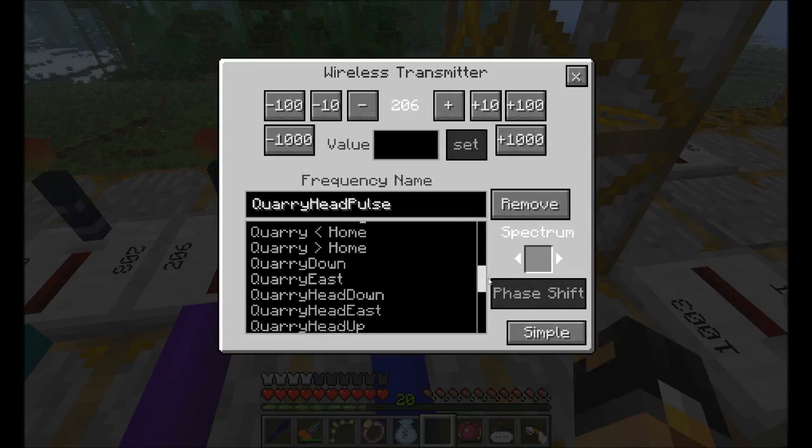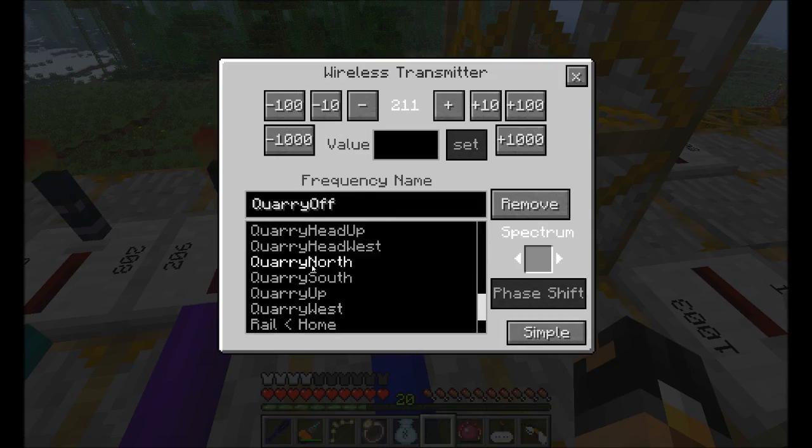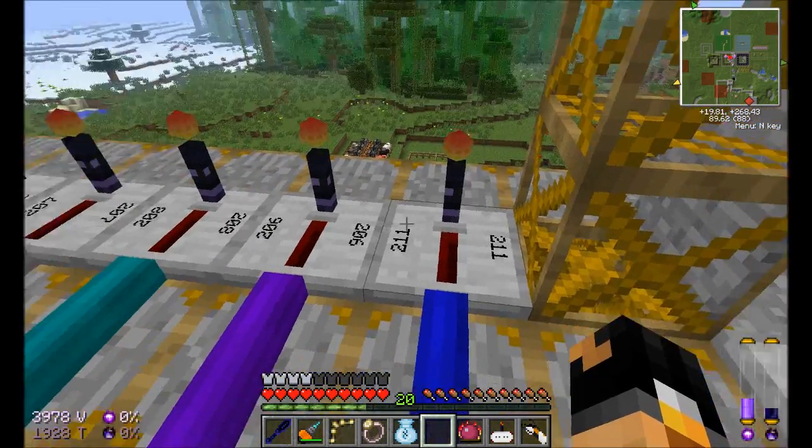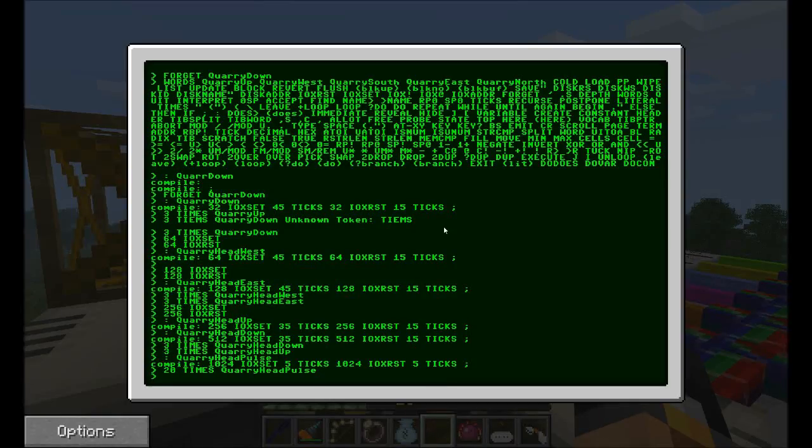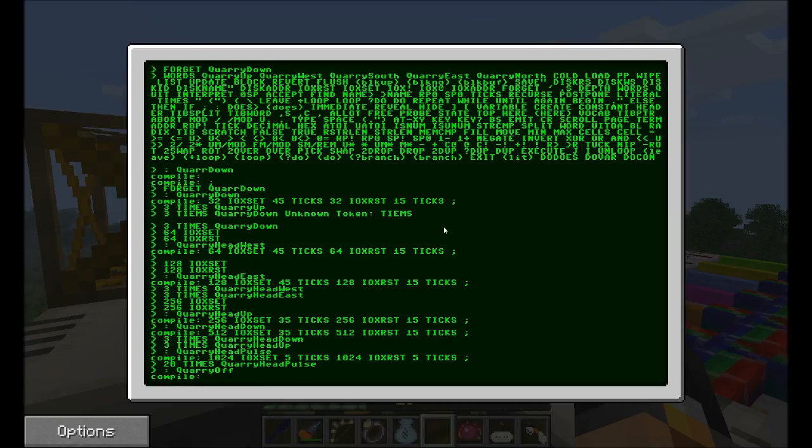This here is not going to be quarry head pulse, this is going to be quarry off. Actually, I should rename that. But I will say quarry off. It's going to be 2028.